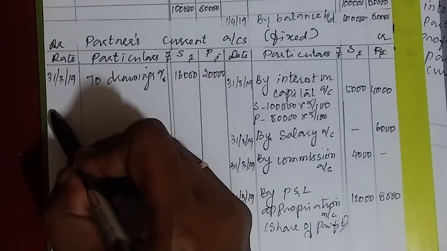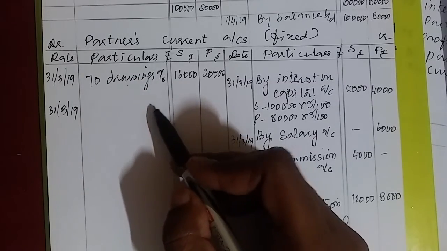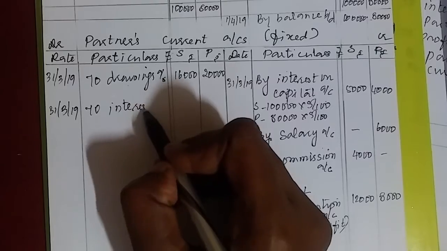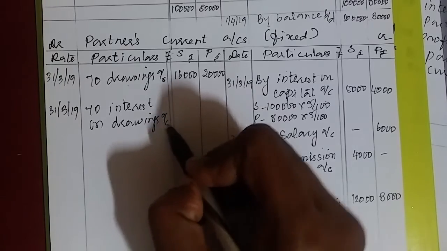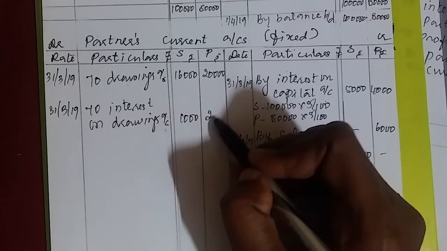Okay. Then it's a debit balance, so we write it here on the debit side. Next one is interest on drawings. 1,000 and 2,000.